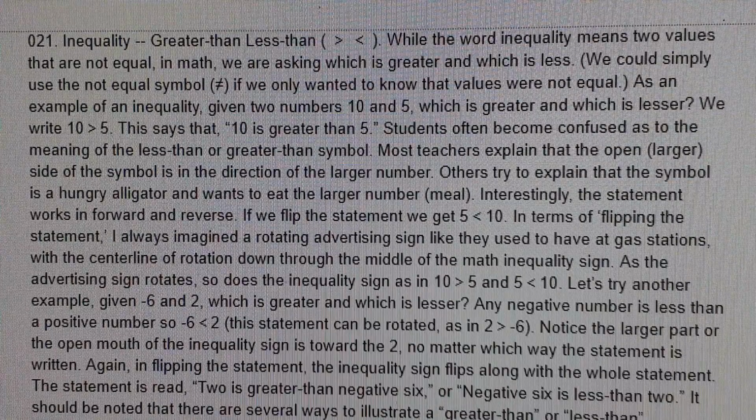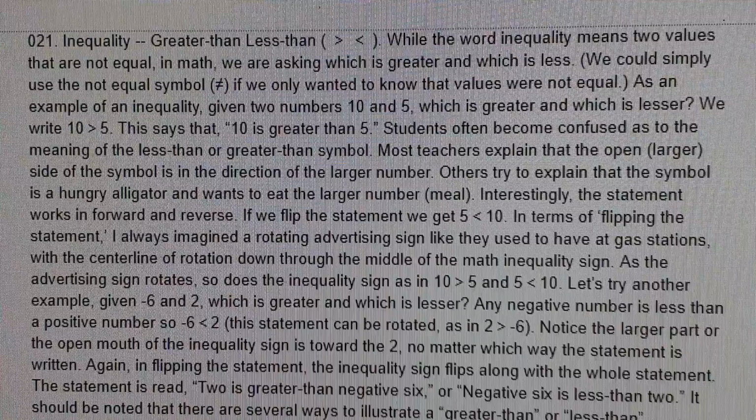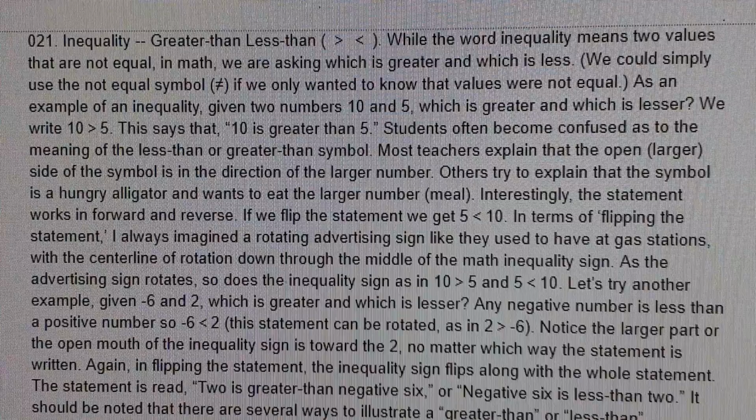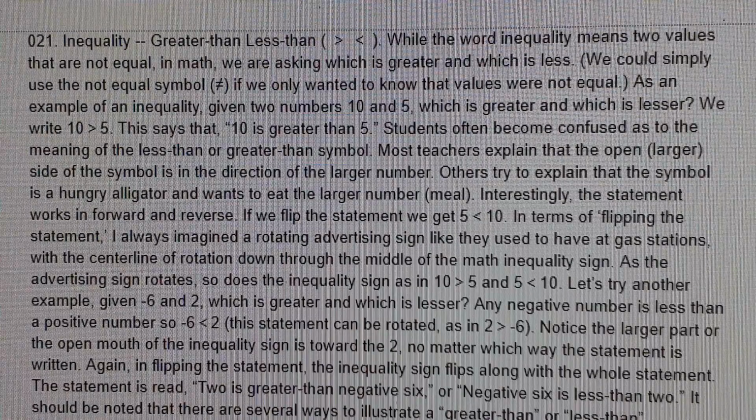Interestingly, the statement works forward and reverse. If we flip the statement, we get 5 is less than 10, now with a smaller point toward the 5. In terms of flipping the statement, I always imagined a rotating advertising sign like they used to have at gas stations, with the center line of rotation down through the middle of the math inequality sign.